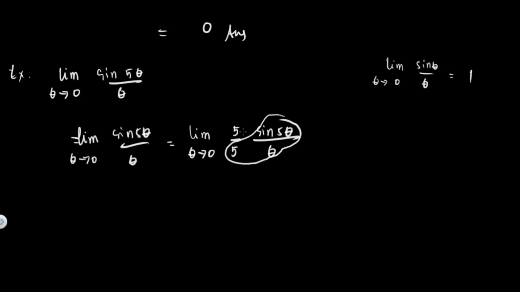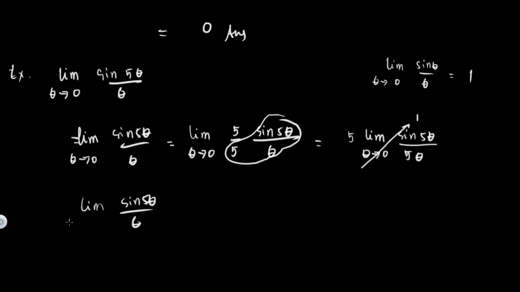Theorem number 3. Okay. So, ibig sabihin, ito, pwede mong ilabas yung 5. Then, the limit of sine 5 theta over 5 theta as theta approaches 0. Ito ngayon is 1. So, the limit of sine 5 theta over theta as theta approaches 0 is equal to 5. This is your answer.